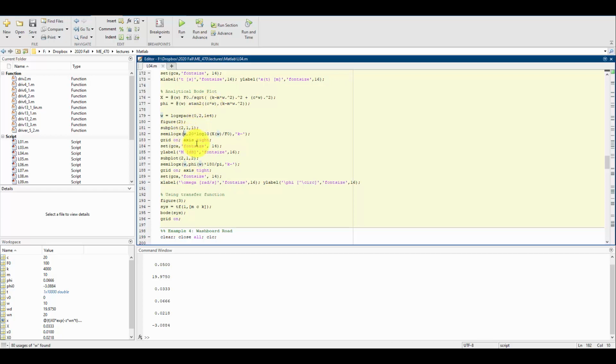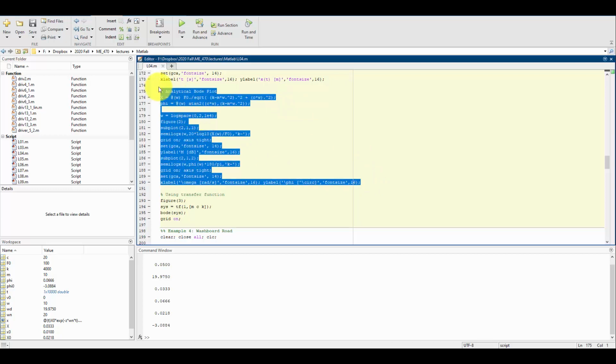So my x scale is going to be log scale for my frequency, and my y scale, that ratio, will be in decibels. And then I'm also going to make a plot of my phase, phi, and it's going to naturally come out in radians, so I will convert that to degrees. And again, the x will be in log scale and the y will just be a linear scale. So essentially all I'm doing is finding the x and the phi values for frequencies between 1 and 100 radians per second and plotting it.